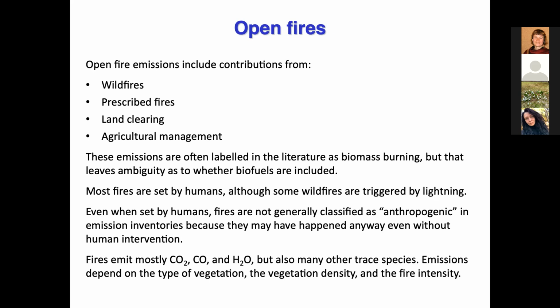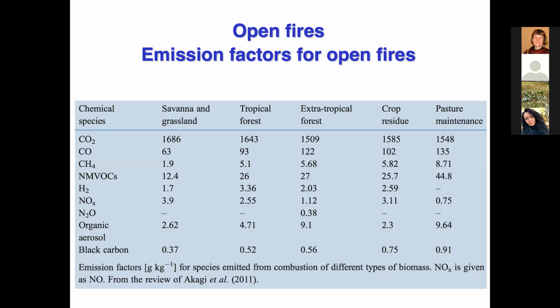Fires emit mostly CO2, CO, and H2, but also many other trace species. Emissions depend on the type of vegetation, the vegetation density, and the fire intensity. And here you have, for example, of course, the highest emission is CO2. Here you have different kinds of environments: savanna and grasslands, tropical forest, extratropical forest, crop residue, and pasture maintenance.